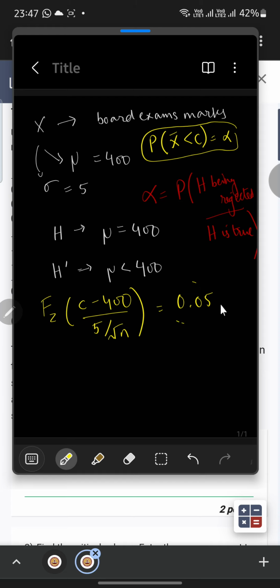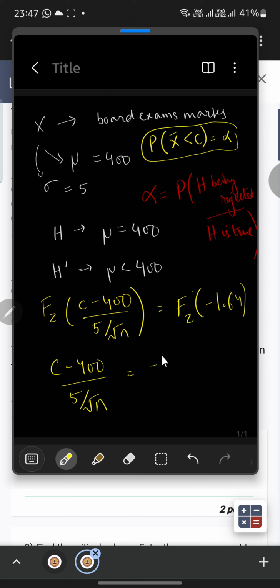we can write this thing as F inverse of alpha is equal to F z of minus 1.64, or alternatively we can write it like c minus 400 upon 5 by root n will be equal to minus 1.64. I hope you agree with me to this point.